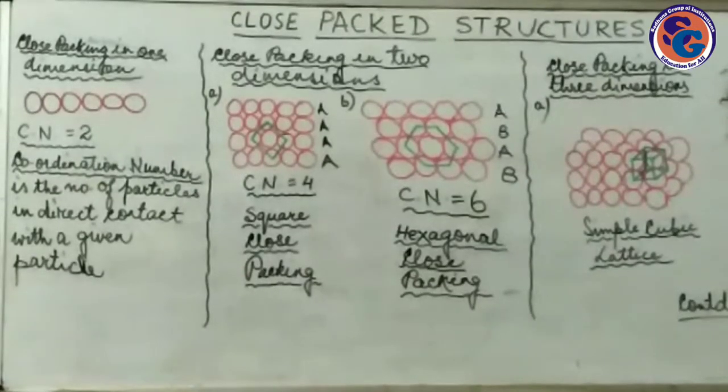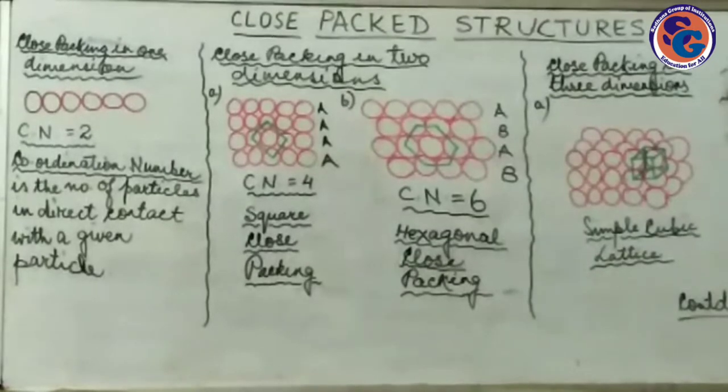The constituent particles in 1 dimension can be arranged only in one manner, and that is when the spheres are all arranged in a row. And in such an arrangement, leaving out the terminal particles, the rest of the particles are each in direct contact with 2 other particles.